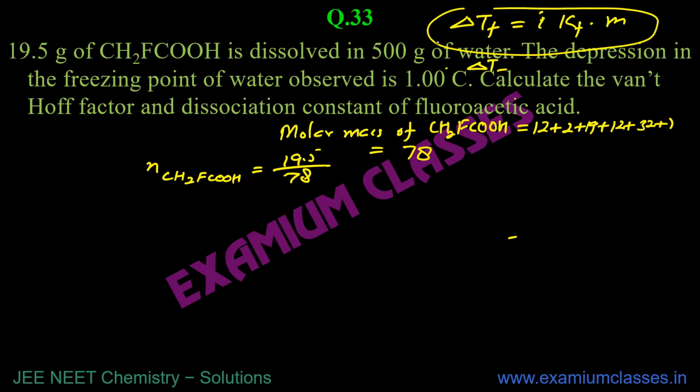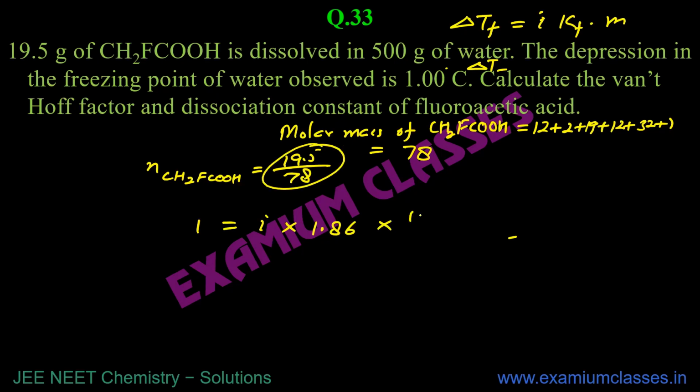Okay. So you got the number of moles. Why am I getting the number of moles? Because I need molality. So I will say, this delta TF, this depression, is 1. So I will write 1 equals I into KF. KF is 1.86. You should remember. And then you will calculate the molality. Molality will be the number of moles, that is 19.5 divided by 78.